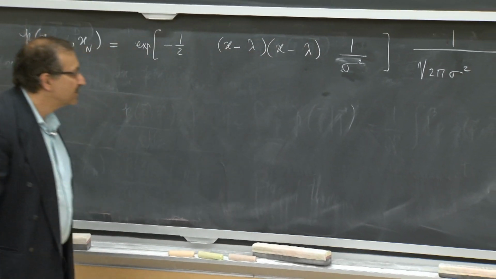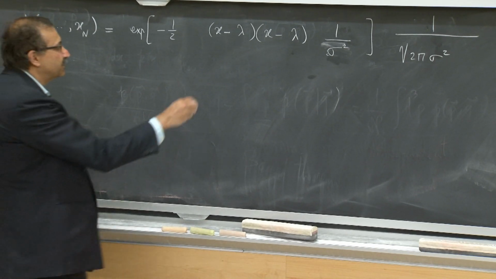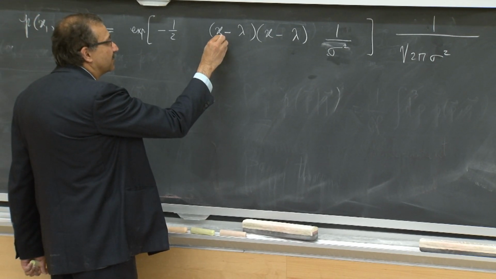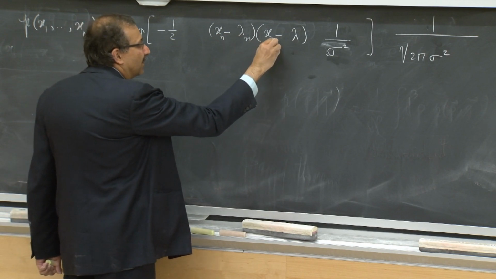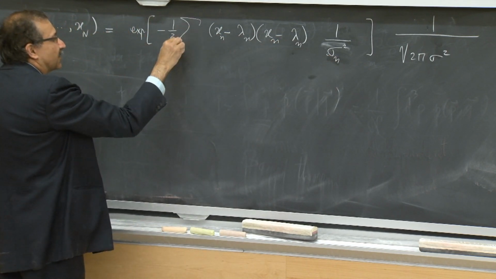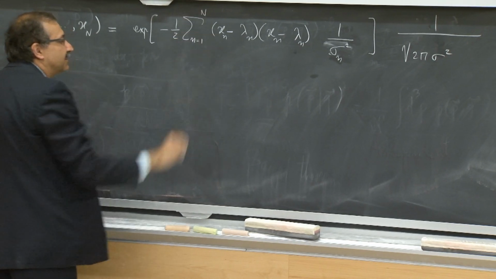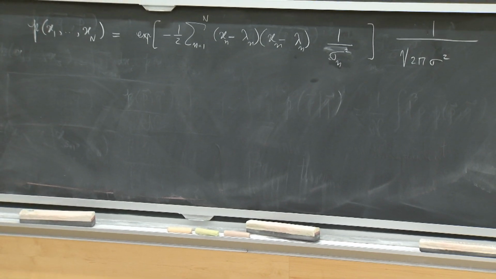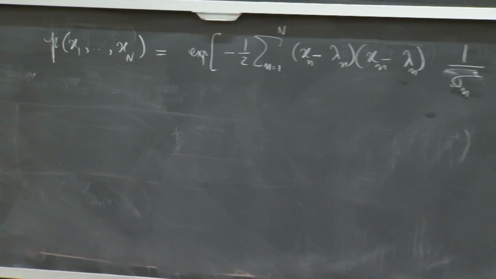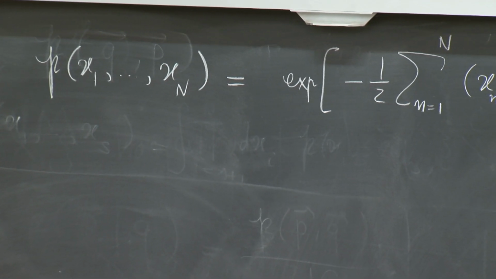But you say, well, I have multiple variables, so maybe this is what I would give for my nth variable. And then I would sum over all n running from 1 to n. So this is essentially the form that I would have for n independent Gaussian variables.